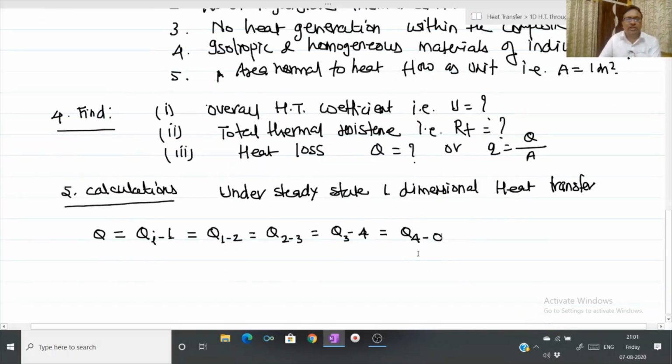So in this way, we can have 5 equations of rate of heat transfer.